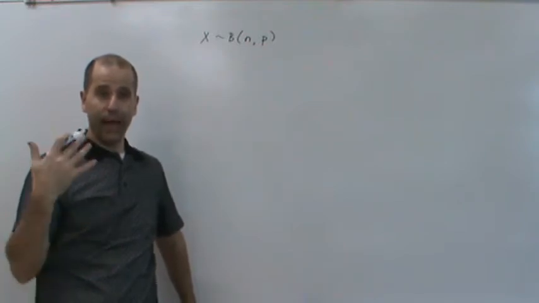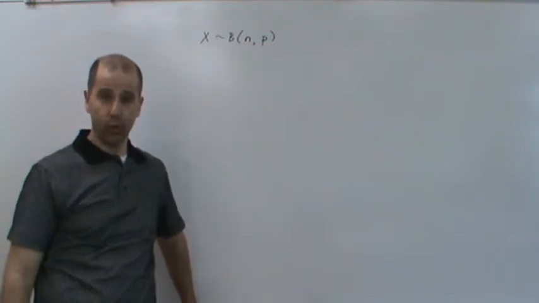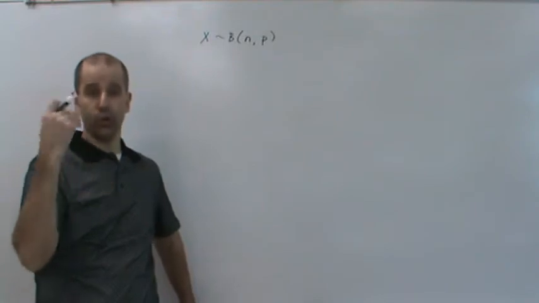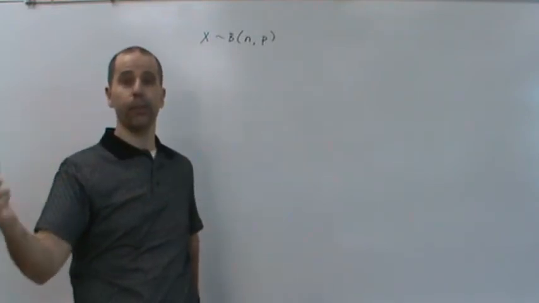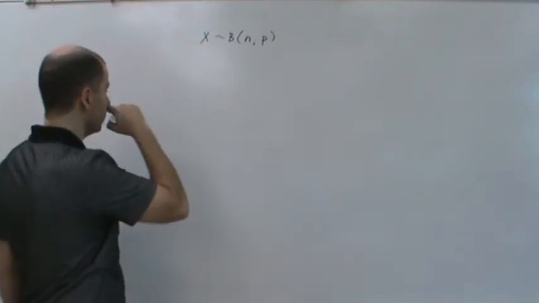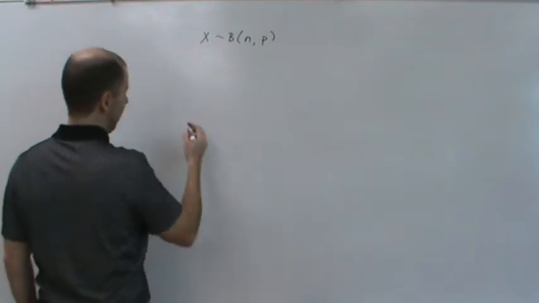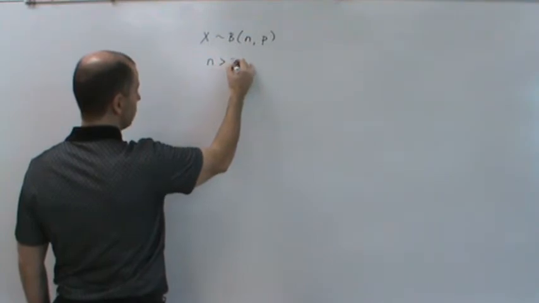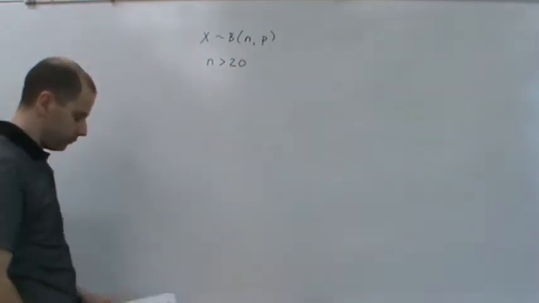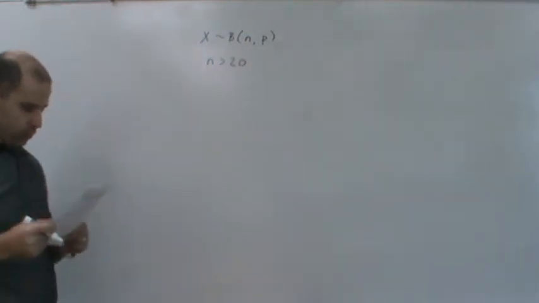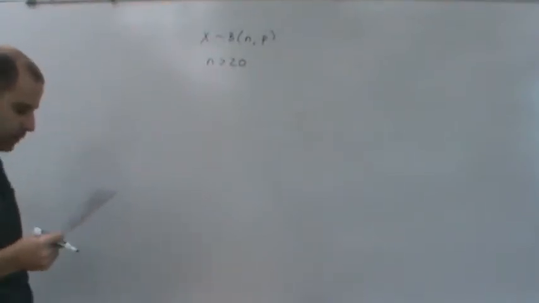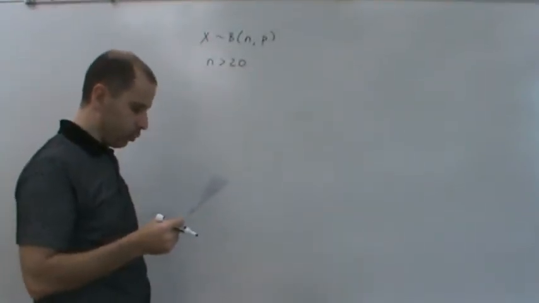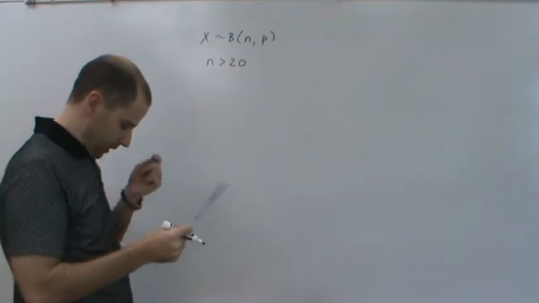That fits really nicely with a normal distribution, so we can use a normal distribution as an approximation. Now, how big does n need to be? Typically, if n is bigger than 20, then we're going to use a normal approximation here.